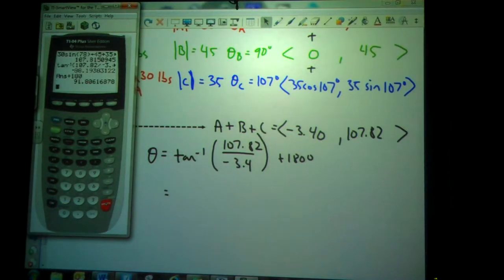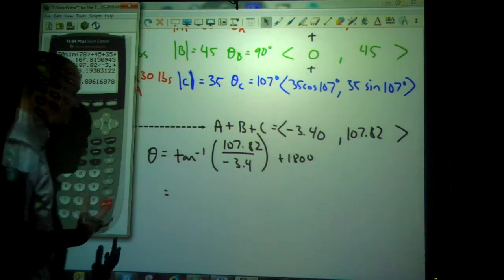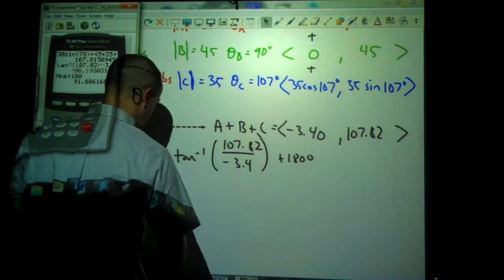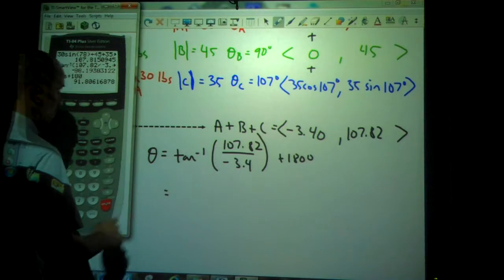Plus 180. It's really close to 90 degrees. I was expecting that. Okay. 91.8.